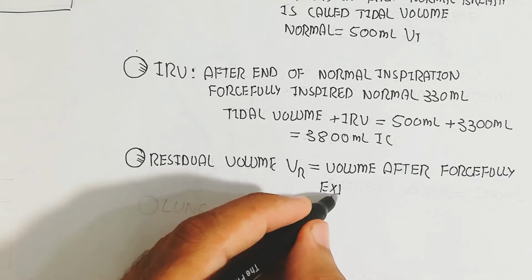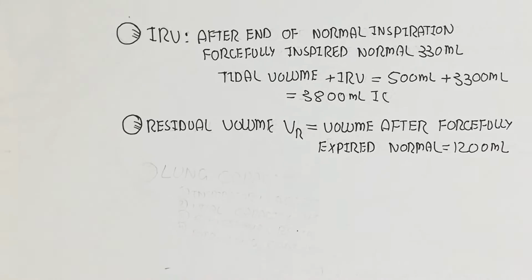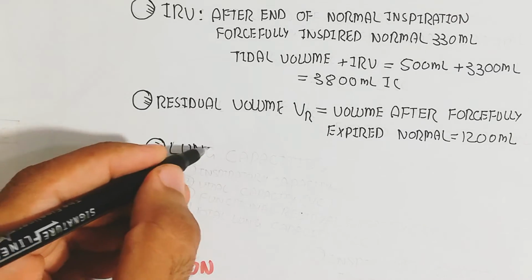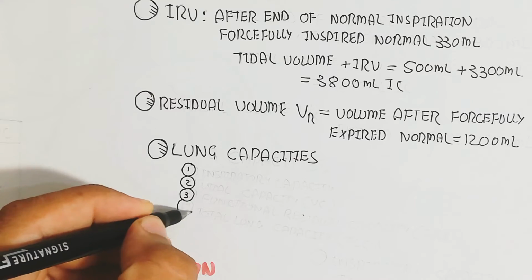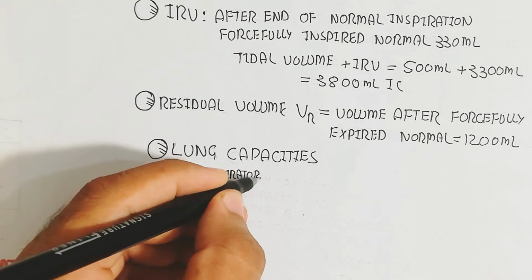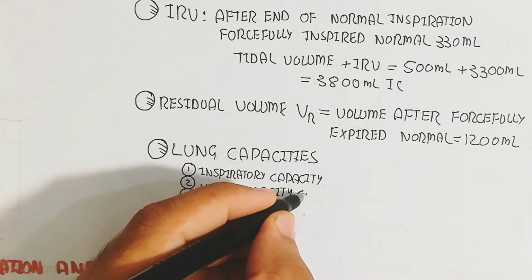This is known as the inspiratory capacity. Here is the residual volume, RV, the volume remaining after forceful expiration. The normal is 1200 ml, but the RV varies.